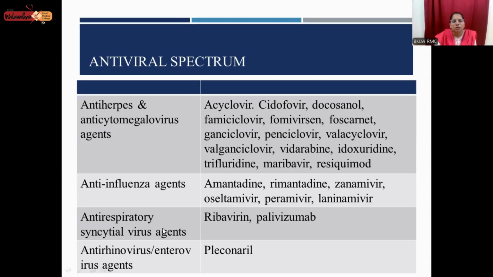Next comes respiratory syncytial virus, where you can see ribavirin and one monoclonal antibody, palivizumab. Pleconaril is available for rhinovirus and enterovirus.